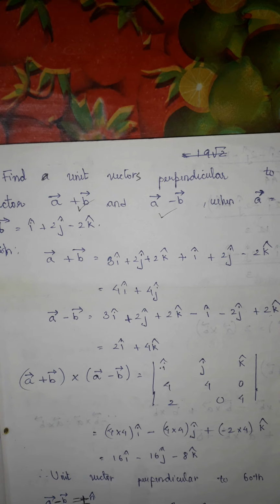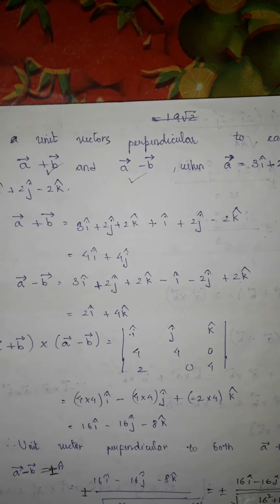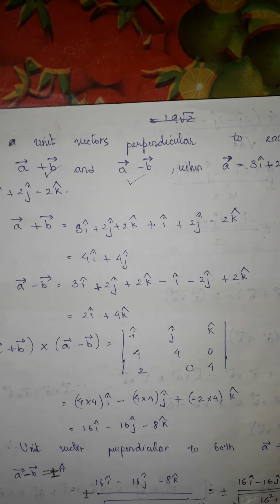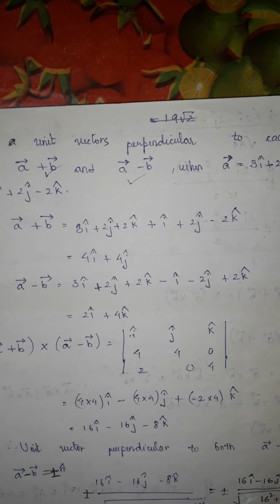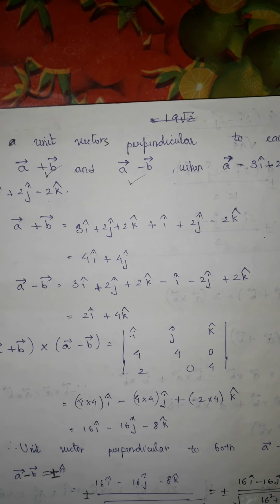Now you have to find a unit vector perpendicular to both a plus b and a minus b. So you find the cross product of these two vectors.